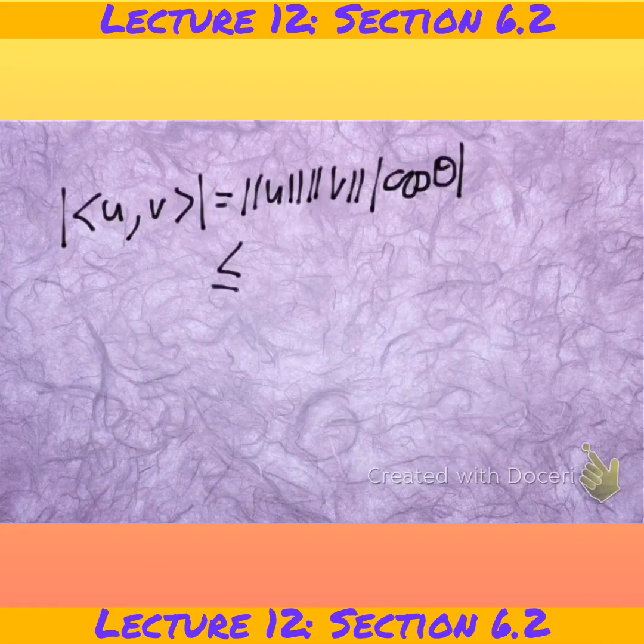And the largest that can become is the norm of u multiplied by the norm of v.